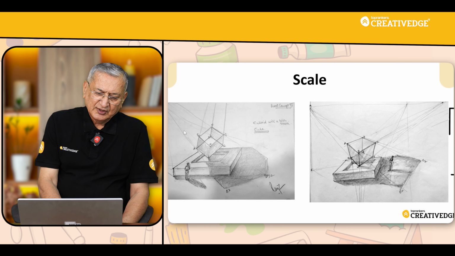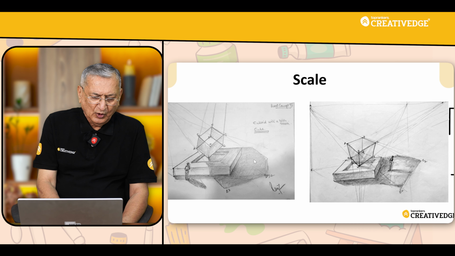And of course, this is another example of showing you how to make the composition with a cube and a cuboid, cube made up of glass, and the cuboid is solid, and the human figure is comparatively very small. So it can also be called as exaggerated scale. Same is the case here.